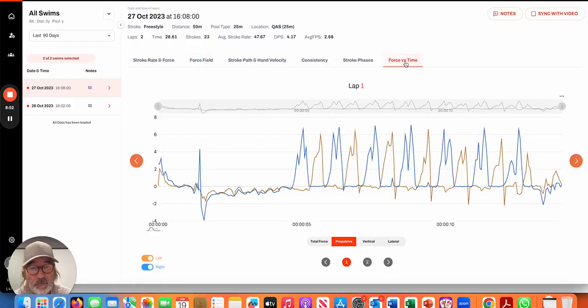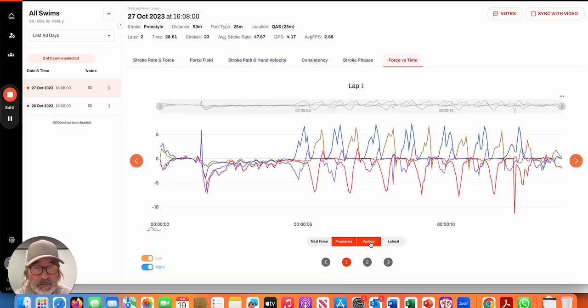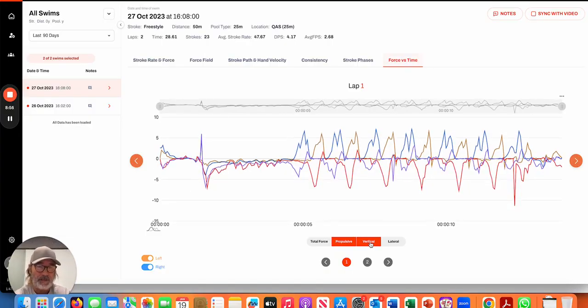So we'll go back to the force versus time, and then let's look at his vertical. Now, instantly, you can see here the comparison: the purple is his right hand downward force, and you can see the small amount that he's generating in here versus look at this amount that he's generating on his left hand. It's huge in comparison.